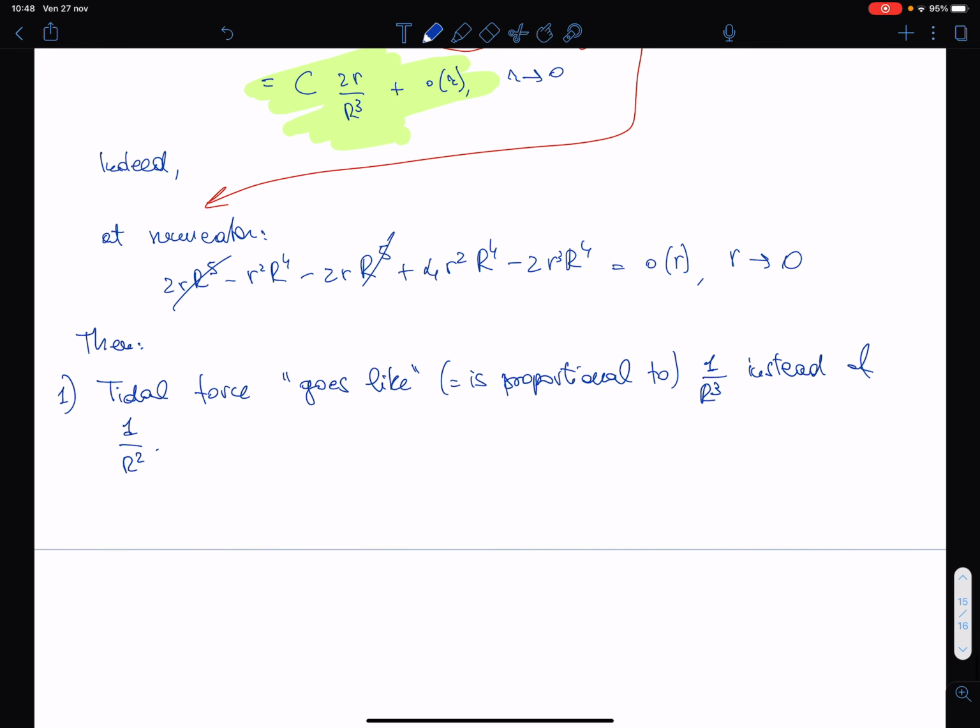Second, this is a physical statement. Second, it is a mathematical statement. Now, consider this expression. We have f, what we found at the end.